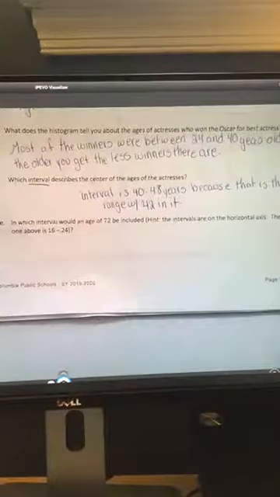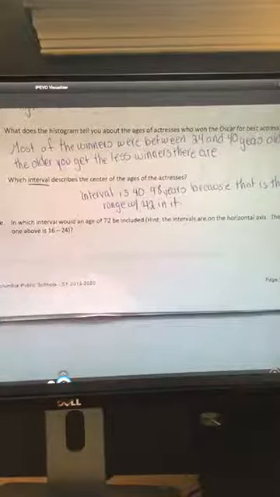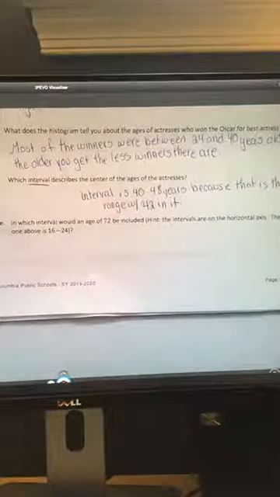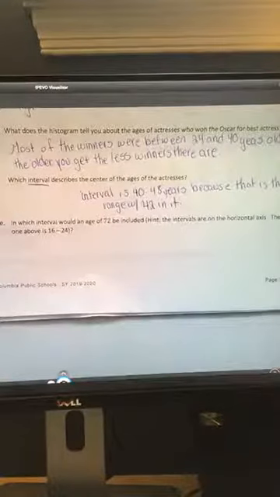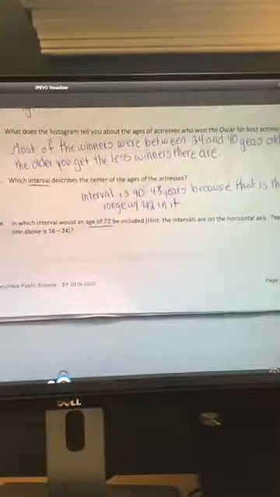All right, let's look at question E. Question E says, in which interval would age 72 be included? Okay. Now, which interval would age 72 be included in?